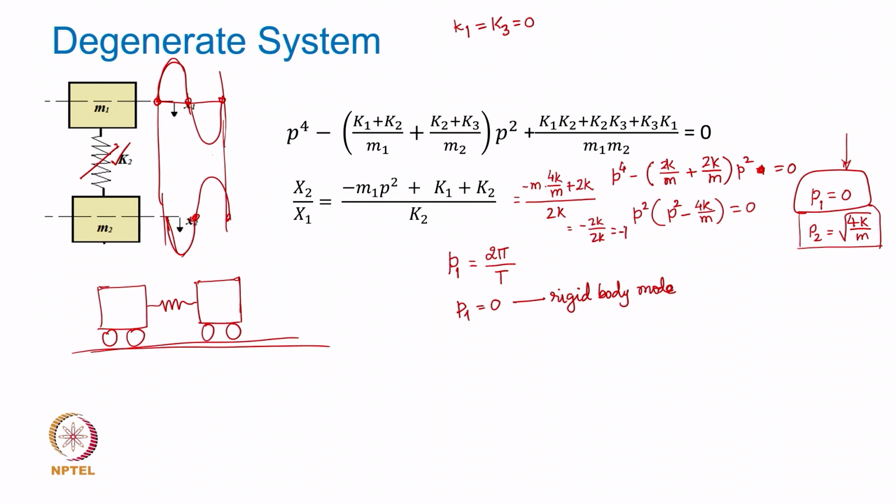So, the mode shape for the second frequency is going to be minus 1, which is expected in this case, right. This is basically your degenerate system.